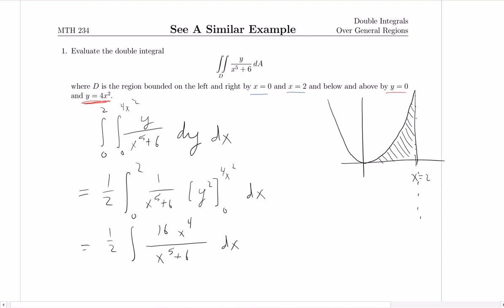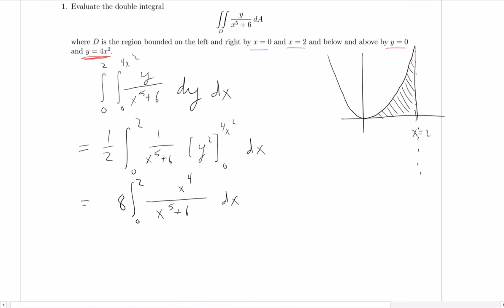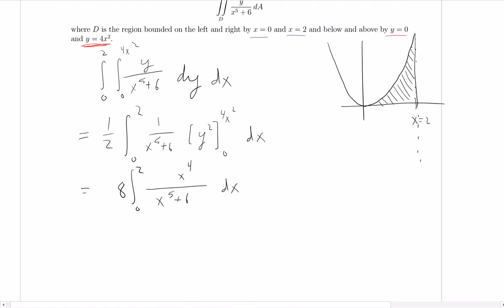And let's go ahead and cancel the constants. 16 over 2 is 8. So we'll simplify this to just 8, and pull that outside the integral. And now we can finish this up with a u substitution. So let's do u is the denominator.